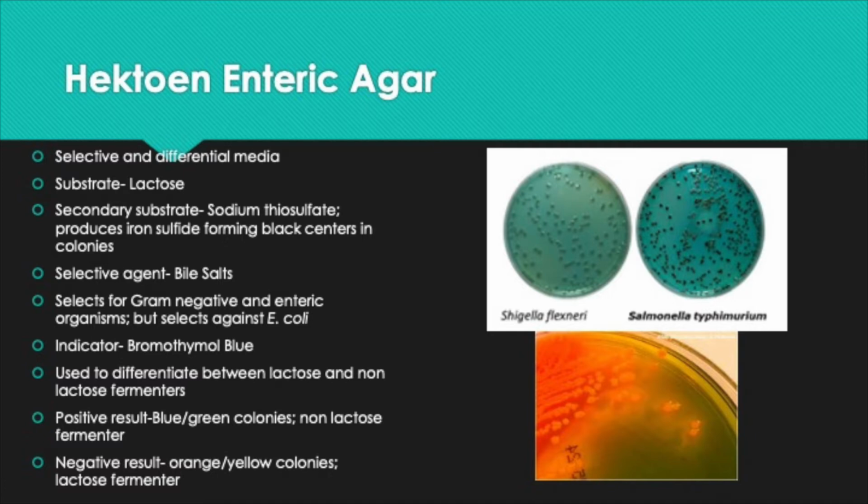So for a positive test for HEA, number one, you're going to get growth. Number two, you're going to get blue-green colonies. For a negative result, it grew, but it gives you bright coral color colonies. That means that this bacteria was a gram-negative organism, but it's not Salmonella or Shigella because it fermented the lactose.